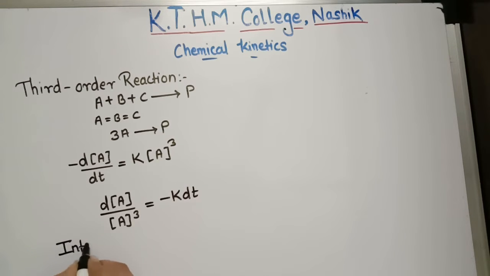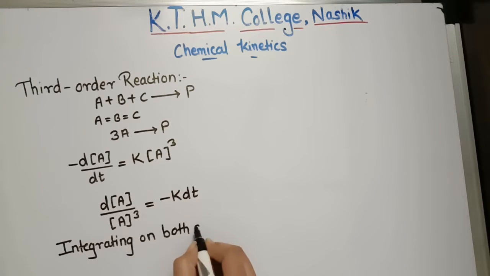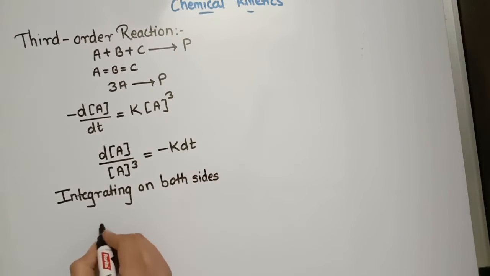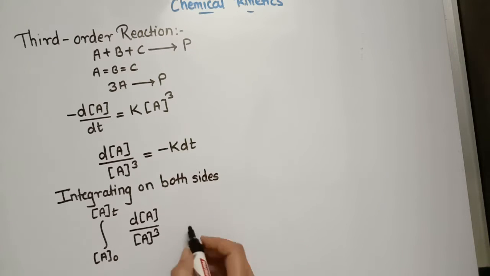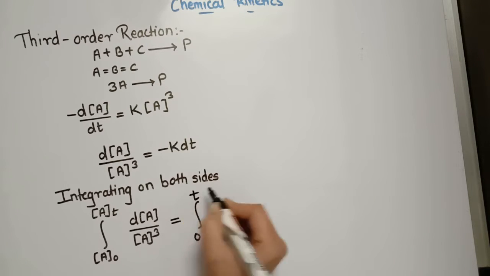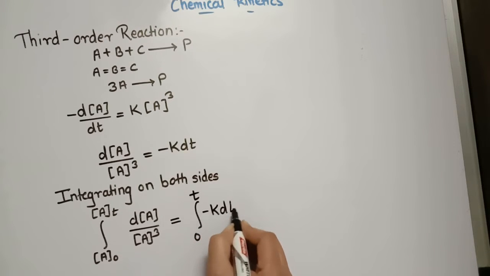Integrating on both sides, that is, the integration from initial concentration A naught to the concentration of A at time t of dA upon A cube, is equal to the integration from t equal to 0 to time t of minus K dt.